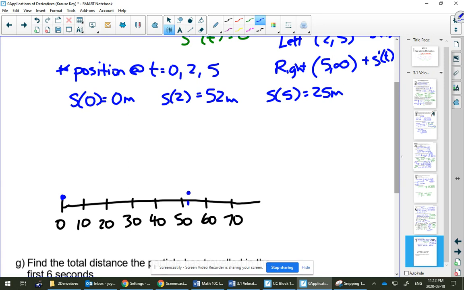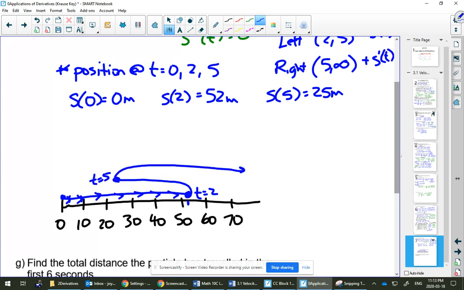And then we know that the particle turns, and at 5 seconds, the position is at 25 meters. So the particle moves towards 52 meters. And then at time 2 seconds, the particle turns. And then at 5 seconds, the particle turns again. So that would be a sketch of what our particle movement is doing. And again, you can use arrows to show direction.